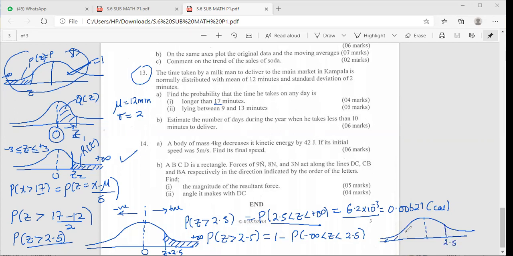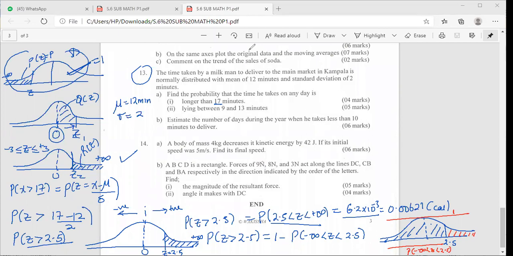Now we are reading from this way up to here. But that's not what we want. We want this side I'm shading red. So the whole of it, which is 1, minus the whole of this from there up to here, which is negative infinity less than Z less than 2.5.